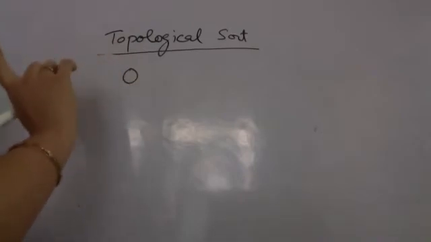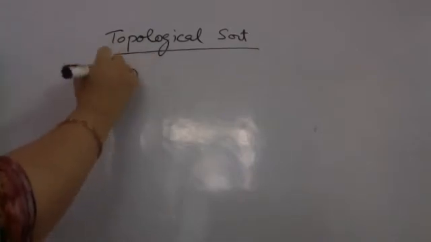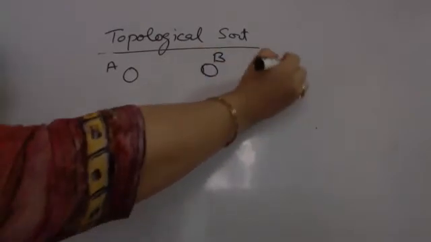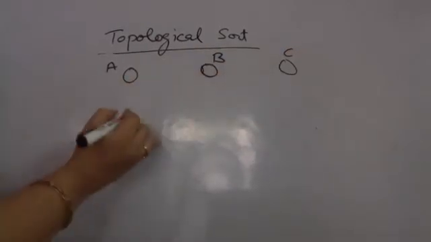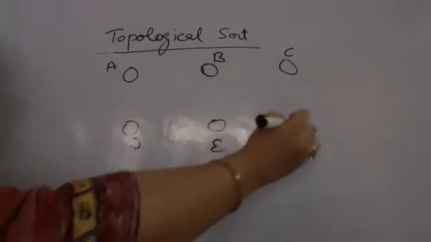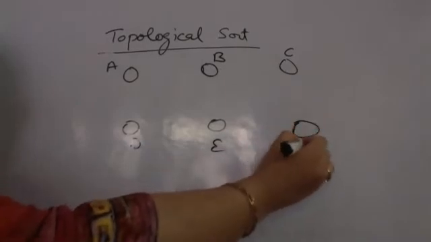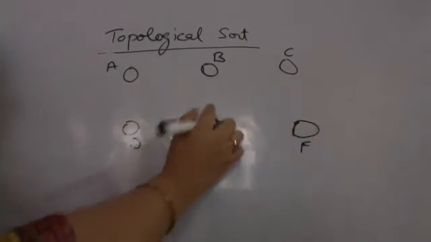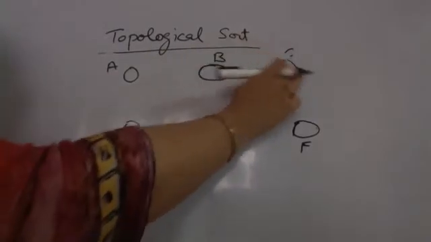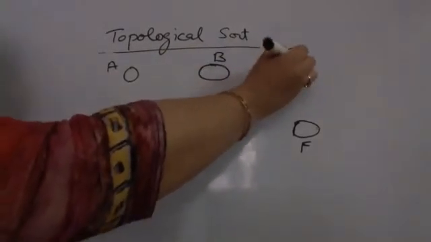Again, I have to take a directed acyclic graph. So please be sure that whatever graph we are having, it is a directed and acyclic graph. I'm just taking an example here, and we will be performing the DFS. I'll increase the size of the node so that I can write the start and finish time.